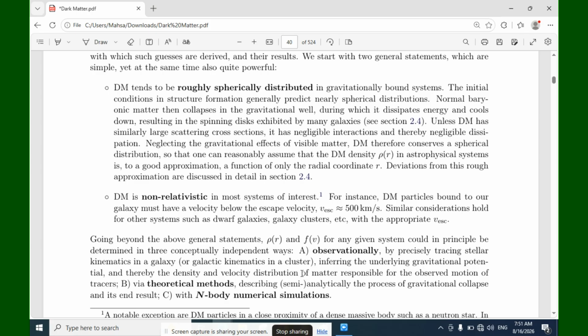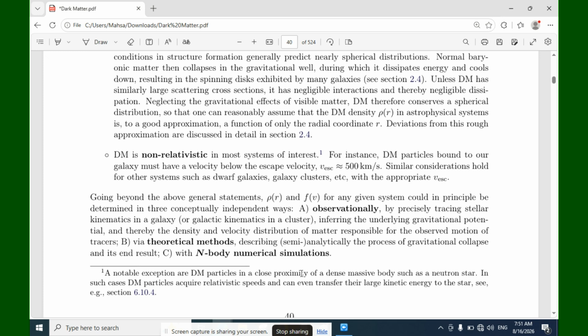Dark matter therefore conserves a spherical distribution, so that one can reasonably assume that the dark matter density rho(r) in astrophysical systems is, to a good approximation, a function of only the radial coordinate. Deviations from this rough approximation are discussed in detail in section 2.4. Dark matter is non-relativistic in most systems of interest.